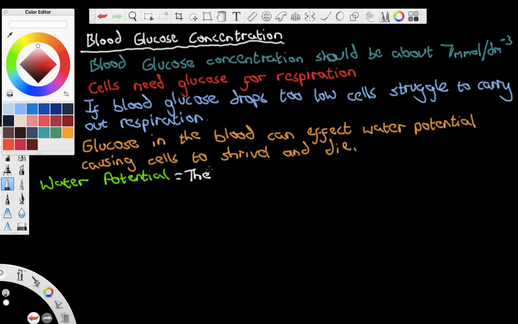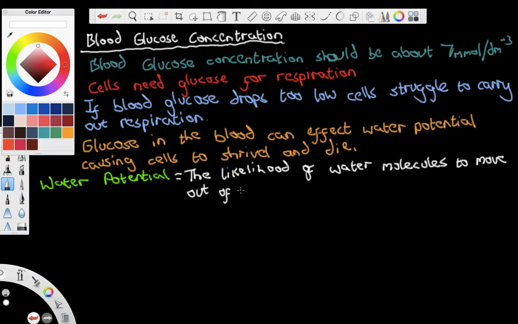So the likelihood of water molecules to move out of or into a solution.